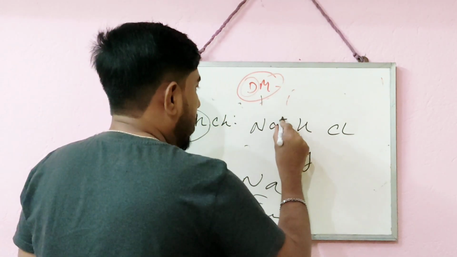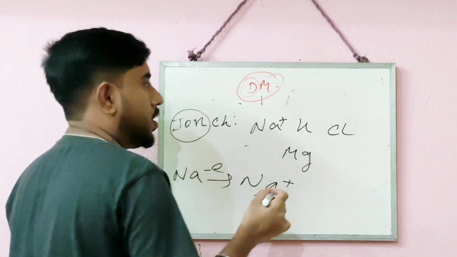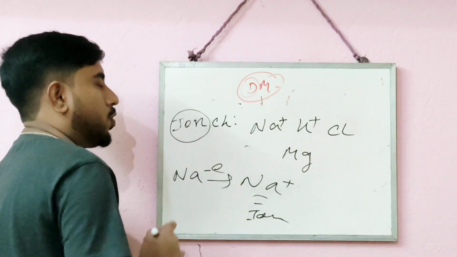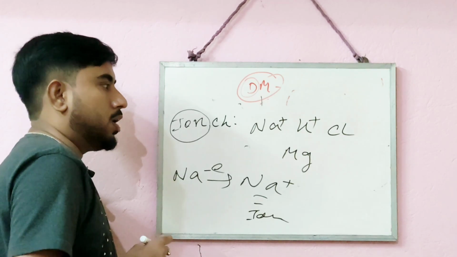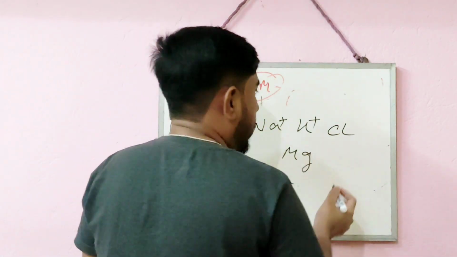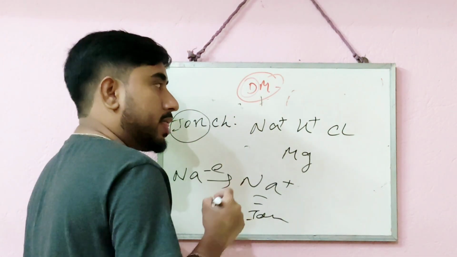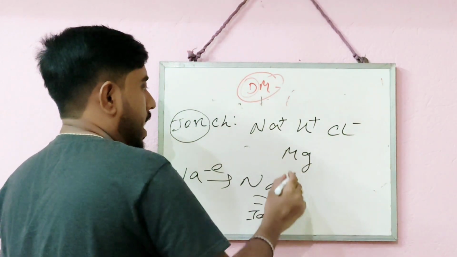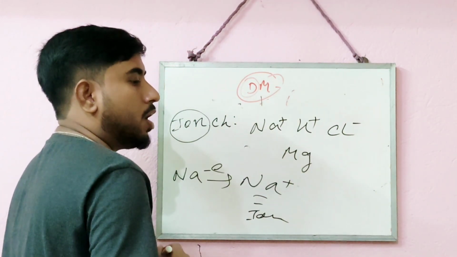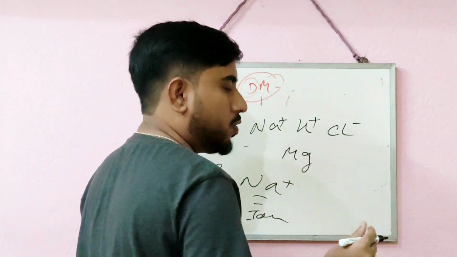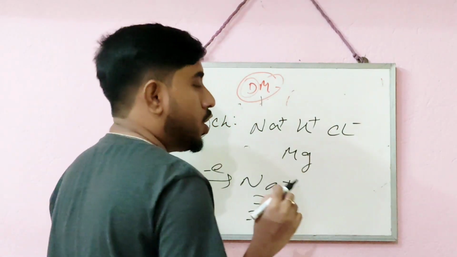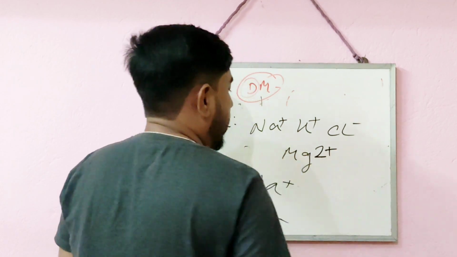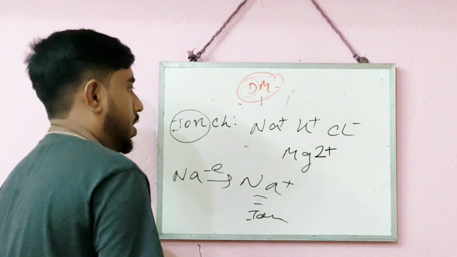What will K plus do? Potassium also removes one electron and changes into K plus ion, or potassium positive or cation ion. Chlorine, what will it do? It will accept one electron and create Cl minus ion. And magnesium will remove two electrons and change into magnesium 2 plus or magnesium cation ion.